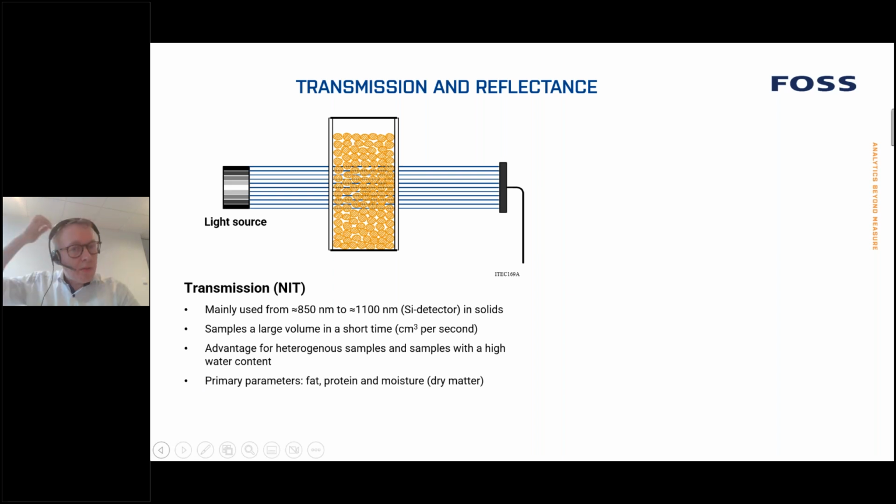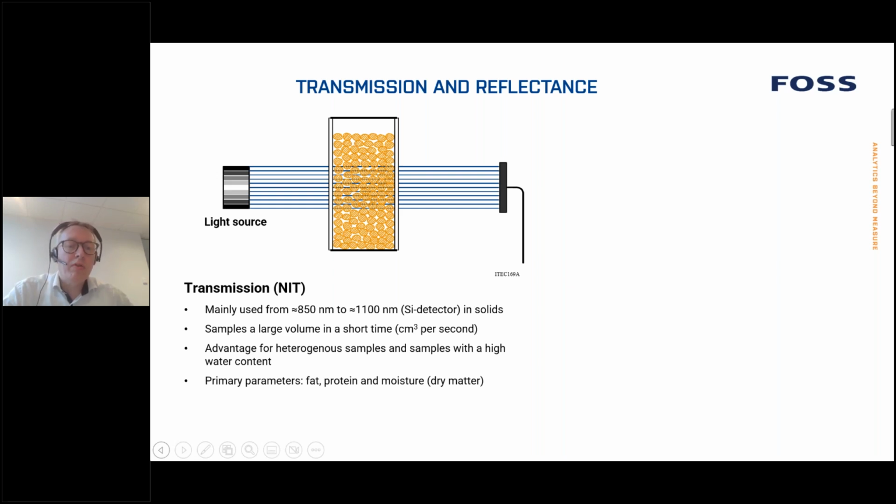This sample presentation is usually applied in the shortwave near range from 850 to 1100 nanometers. One of the big advantages is that you're able to measure a large volume in a short time, typically cubic centimeters per second, which makes it a good choice for heterogeneous or inhomogeneous samples where you want to generate a reliable mean of the sample.